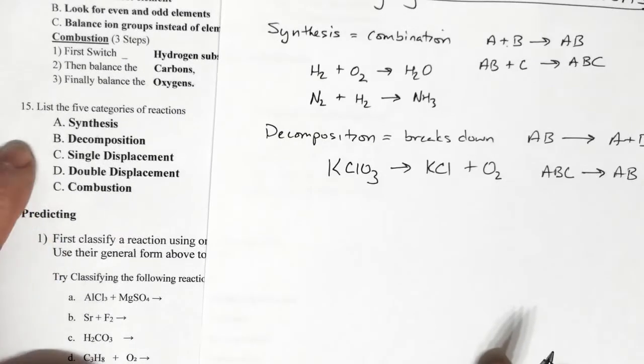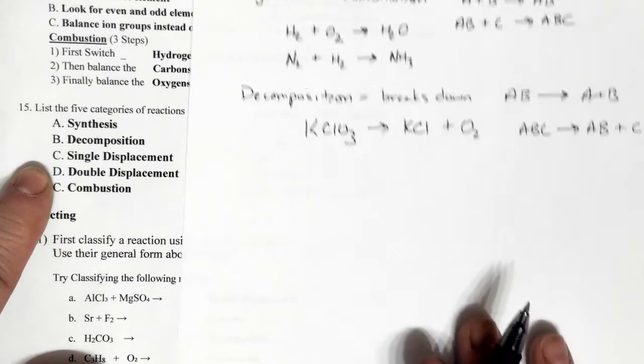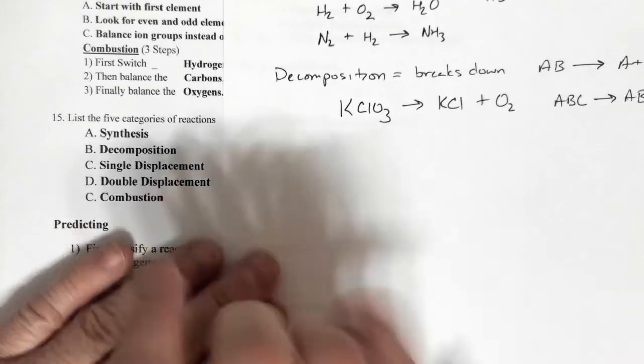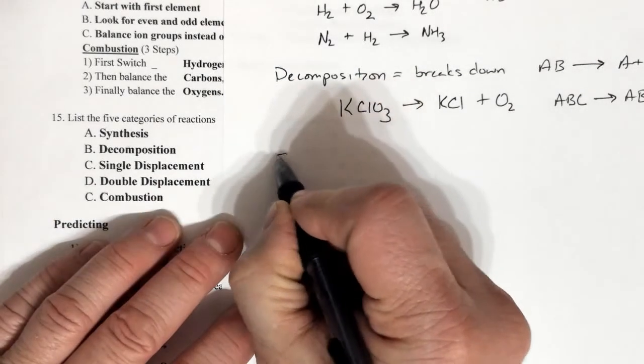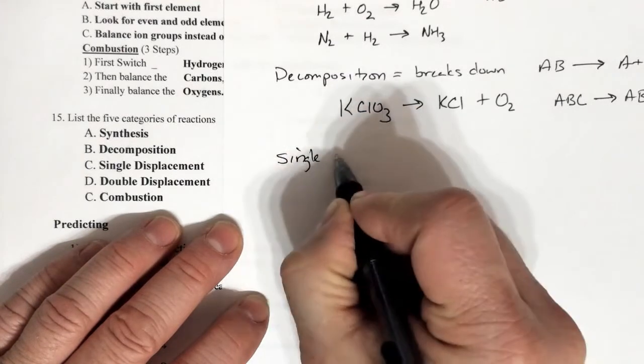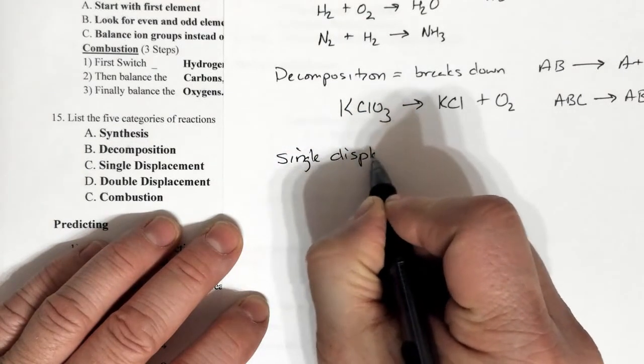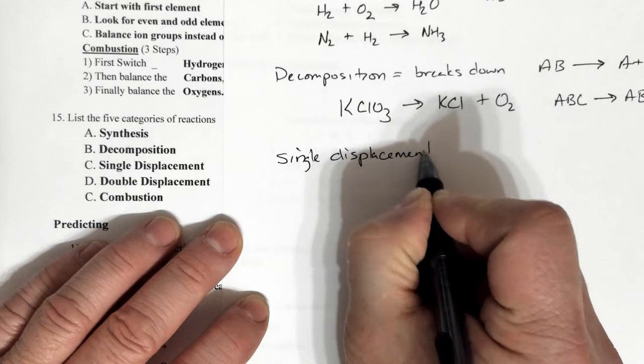The next category is called single replacement, and displacement is what this book uses. I'm used to replacement. But single displacement just means that one element is being displaced.